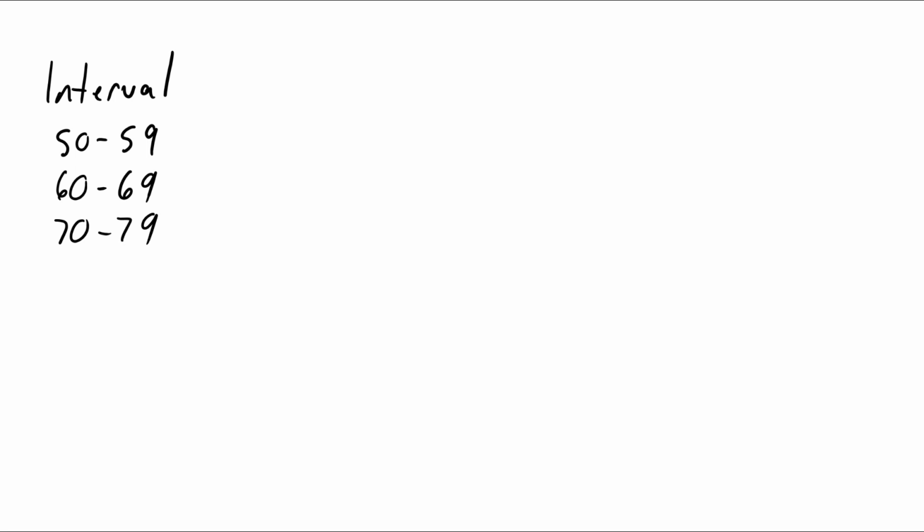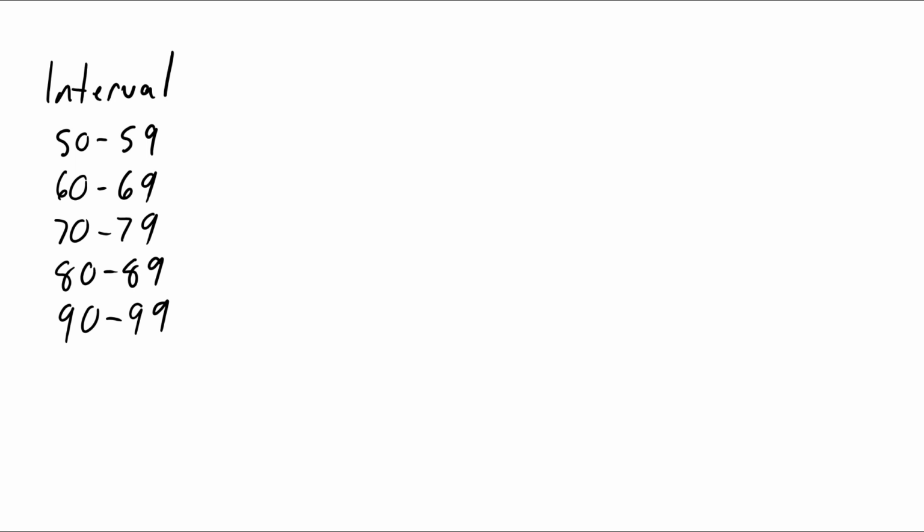So let's say we've got some intervals. And let's say these are test scores. So we've got some people between 50 and 59, some people between 60 and 69, some people between 70 and 79, some between 80 and 89, and then some between 90 and 99. So on this test, no one got 100, and no one got below a 50.